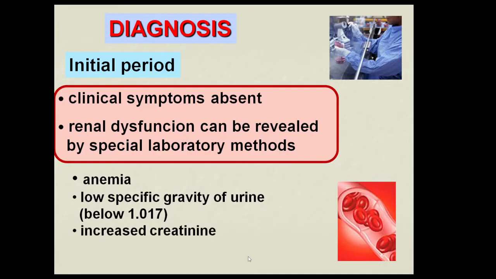And I'll again draw your attention to the level of creatinine and glomerular filtration rate. We count creatinine of blood and with a special formula count glomerular filtration rate. These are the main principles of diagnosis of the initial period because it's invisible.